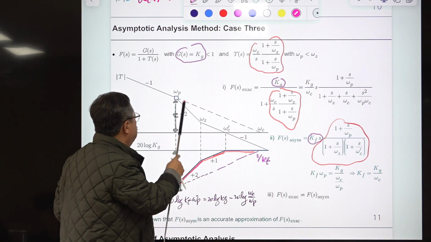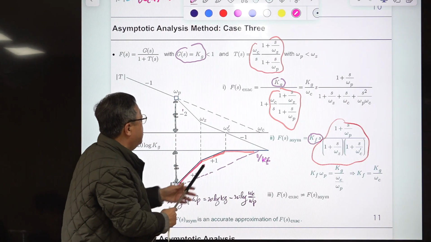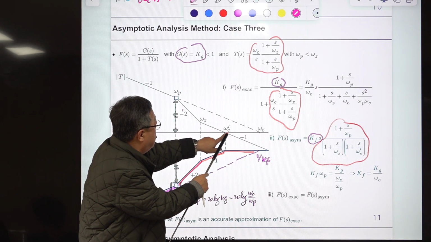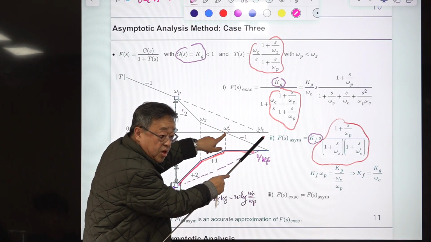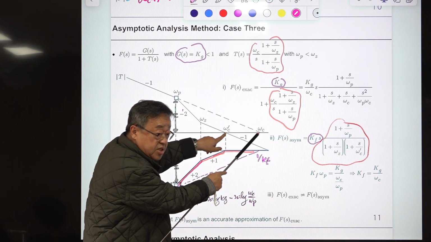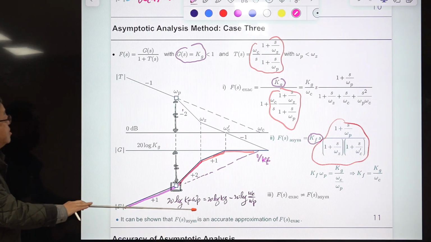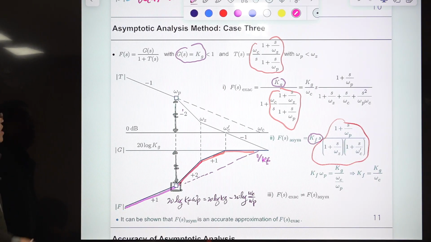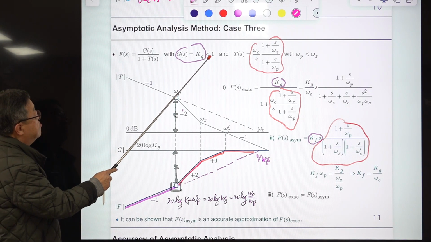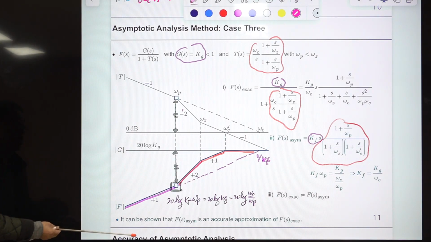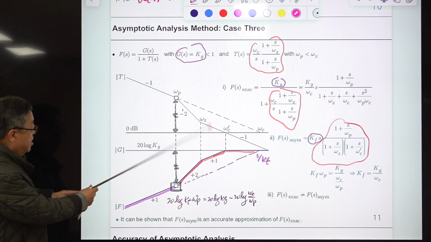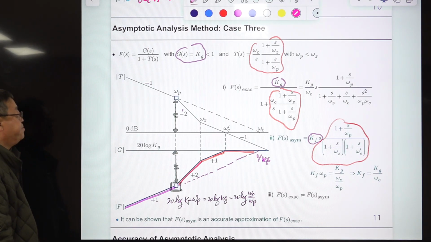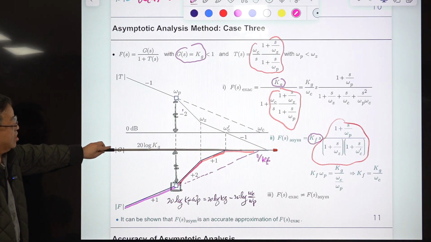So -1, -2, -1, and this is the 0 dB crossover frequency omega c prime, which is different from omega c. Okay, so this is our T plot, and this is constant, which is smaller than unity. So there is something in negative dB here. Okay, so this is the G, right?